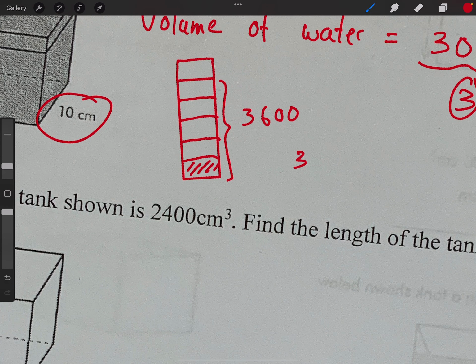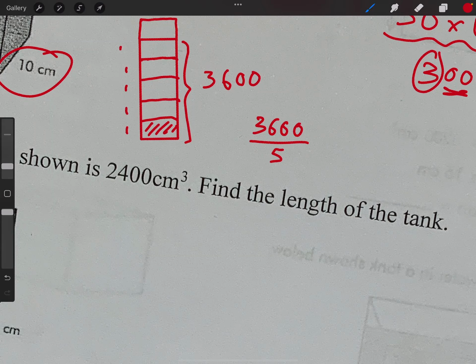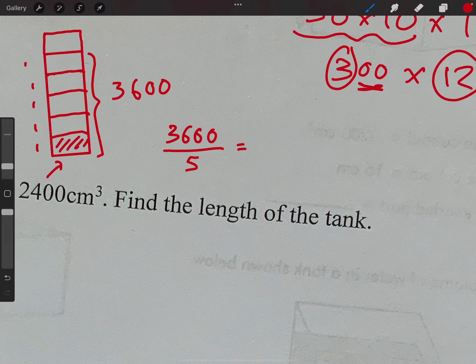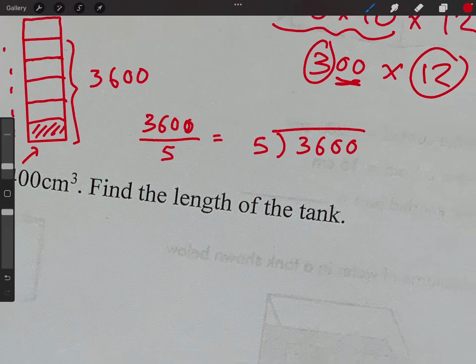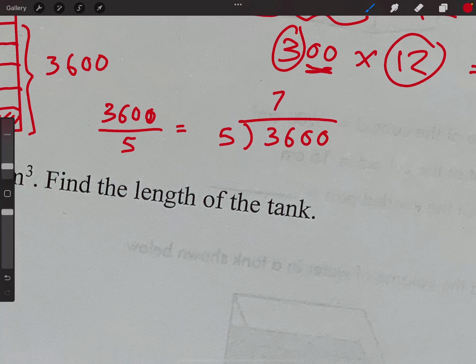We do 3,600 divided by 5, because there are 1, 2, 3, 4, 5 pieces. We're going to divide by 5 to see how much one piece is worth. 36 divided by 5 will be 7. 5 times 7 is 35.